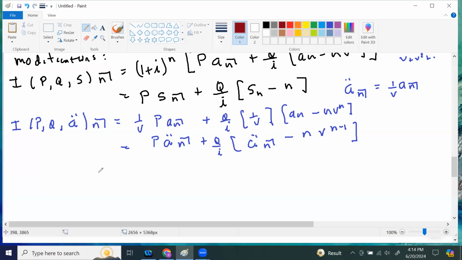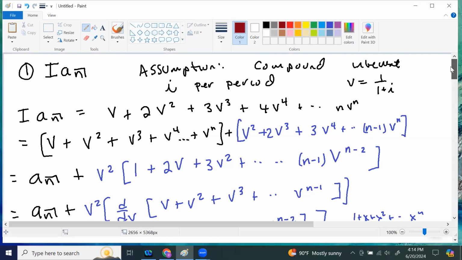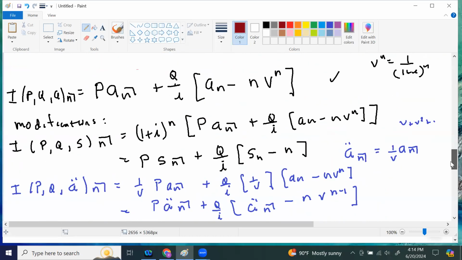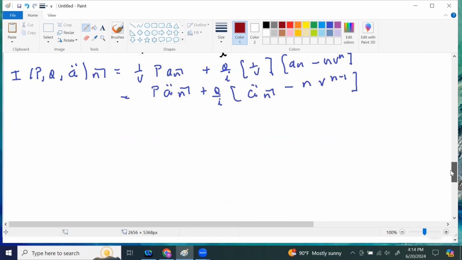This thing here works nice. All right. So next I want to show this exercise here, the exercise here, and derive the following formula.